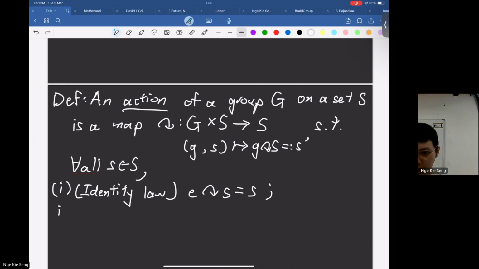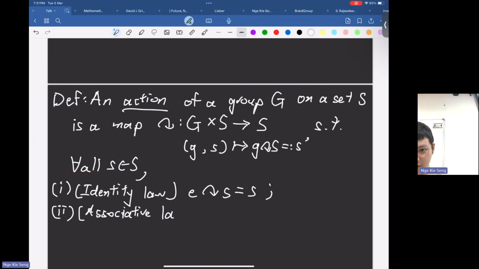Second, this is the associative law. You see that we like associativity a lot. So what is associativity here?